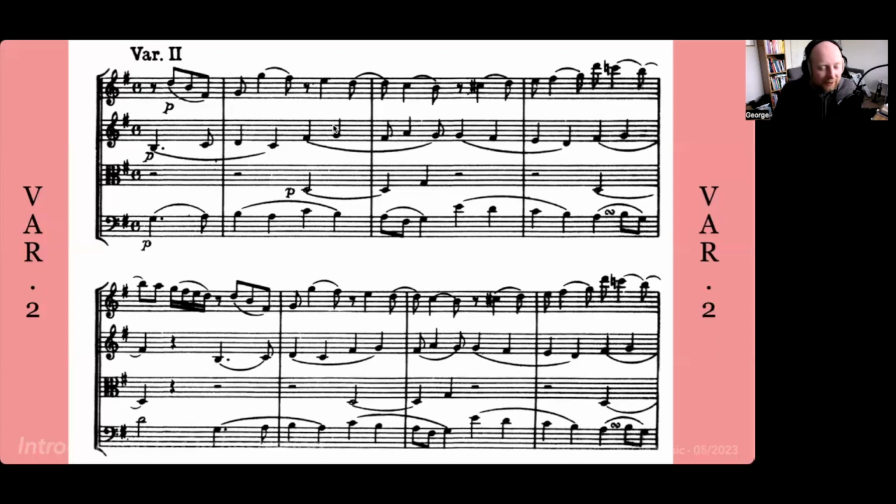It's no longer 16th notes. It's moving much more by step. And as I say, it's focusing more on syncopations and suspensions rather, which is adding further contrast to this piece.